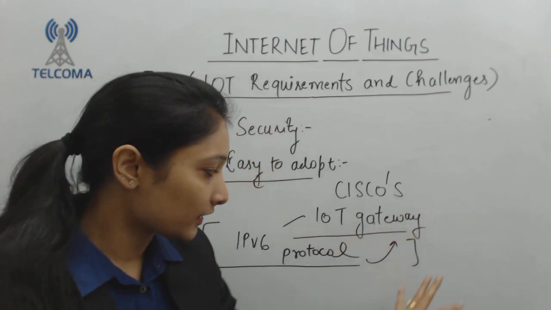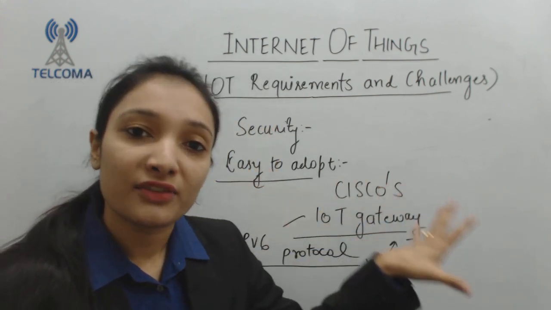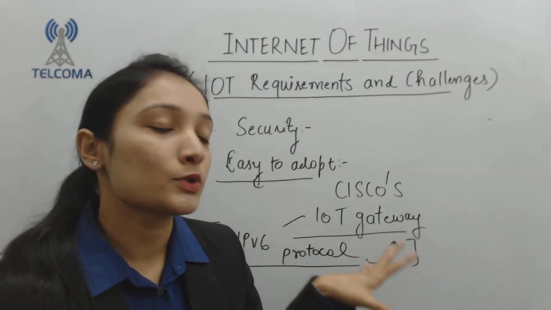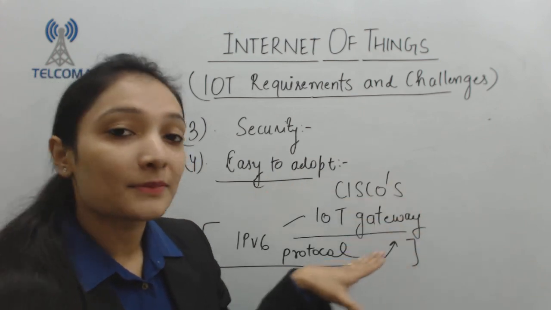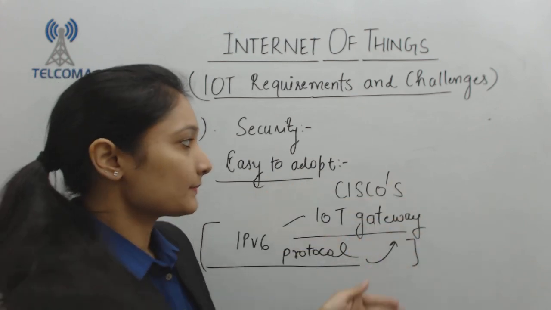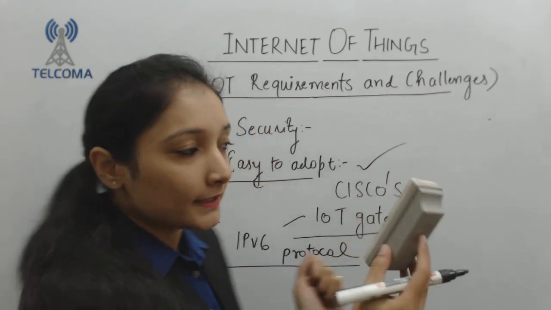So that means this gateway, which is deploying your IPv6 protocol stack, the various equipments here are able to exchange information with one another. So that means adaptability and interoperability is a must requirement for your Internet of Things here.